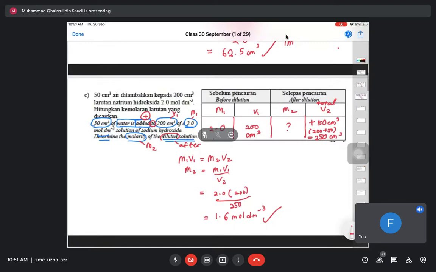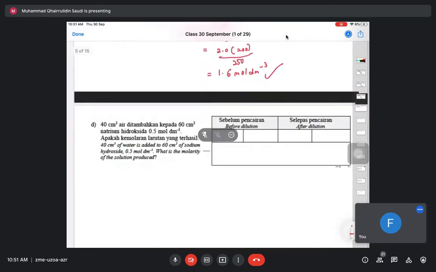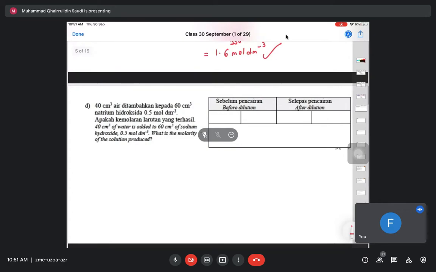Ada kat sini yang dapat salah sebab dia buat the total tu 50? Ada tak yang dapat salah soalan ni sebab V2 dia salah? Tak ada. Then it's good. Maksudnya semua orang tahu macam mana nak dapatkan V2. Good. Next one.